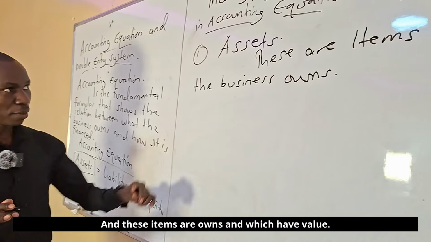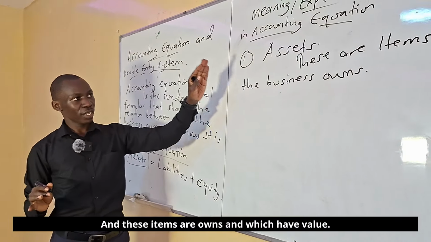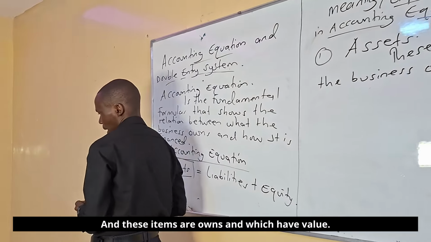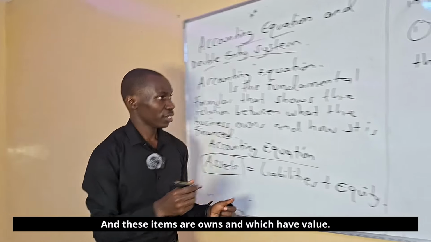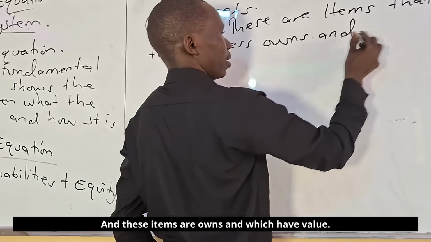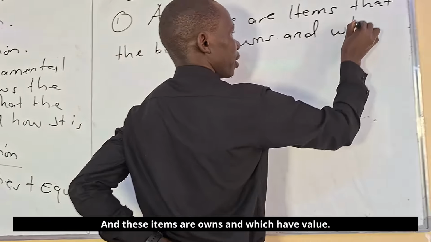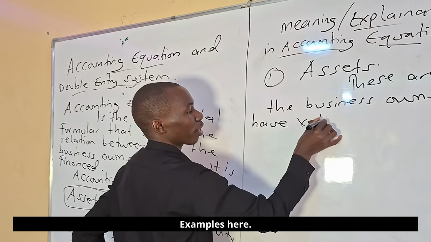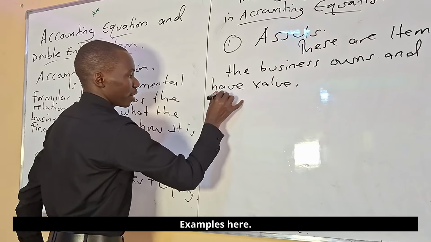For now, as beginners, let's say these are items that the business owns, and which have economic value.